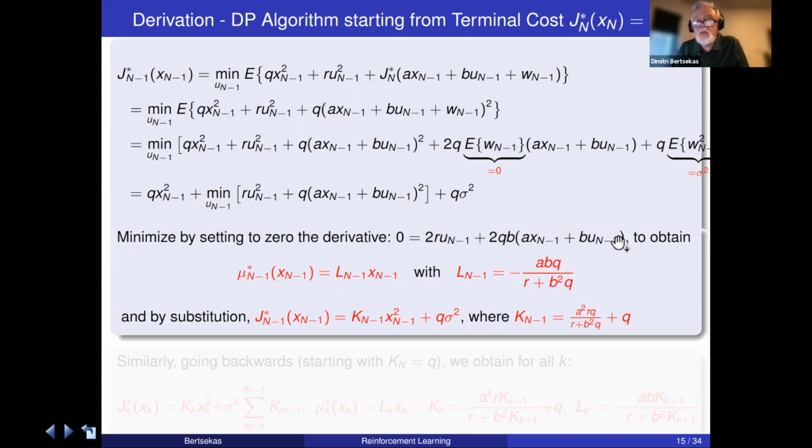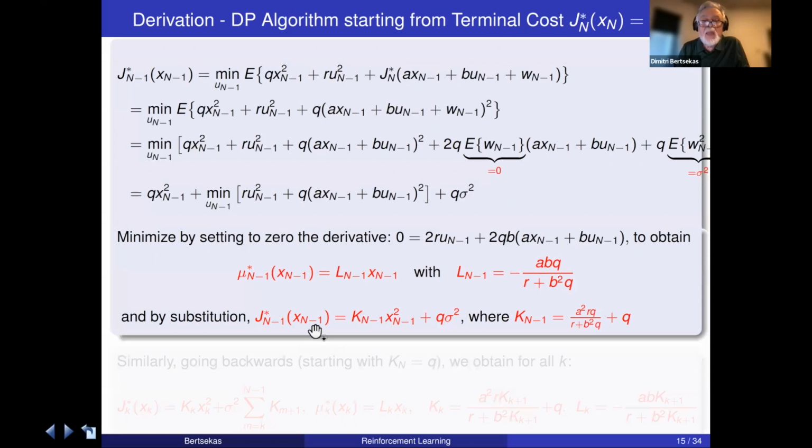Now the derivative is equal to this, so we solve for u now, and we obtain a linear function of xn minus 1, where Ln minus 1, the linear coefficient, is given by this expression here. Very easy to see this calculation. So now we have the minimizing control, and we can substitute in here the minimizing control.